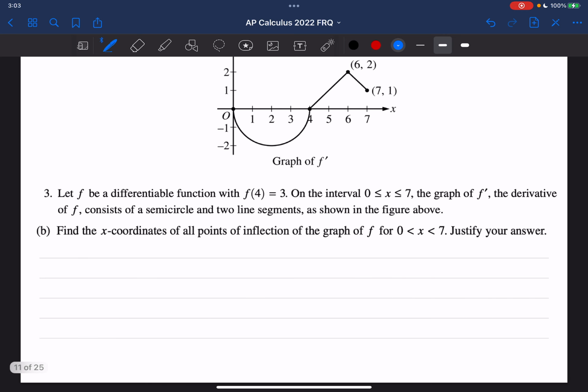Part B, find the x coordinates of all points of inflection of the graph of f. So the question is, what's happening at that same time for its derivatives? When f has a point of inflection, f double prime changes sign.